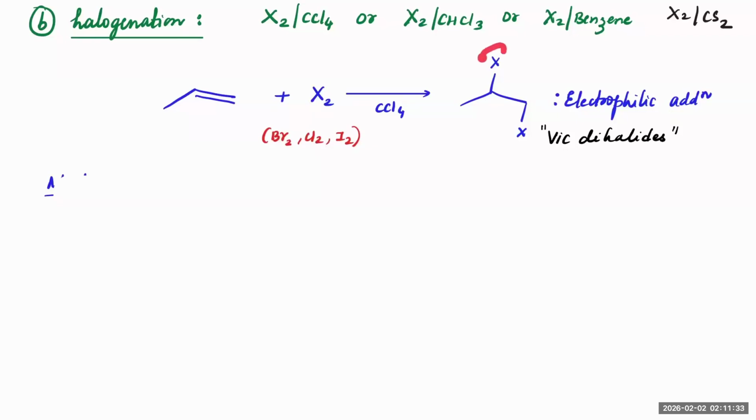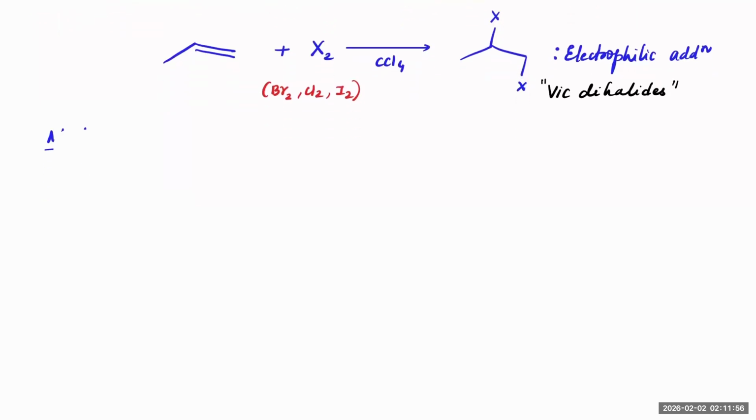Out of this X, one is nucleophile, one is electrophile. But whichever you are adding in the rate determining step, that becomes the name of the reaction. And in the rate determining step, we are adding electrophile. And once the two halogens are adjacent to each other, we call it vicinal dihalides.